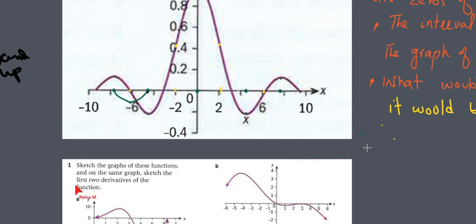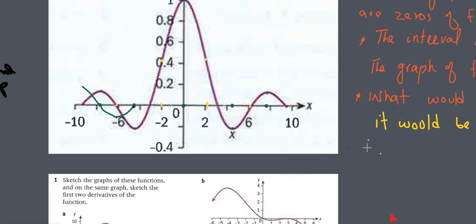Okay, now from this point to this point, the function is increasing, right? So its derivative will be positive. Clear? Okay.